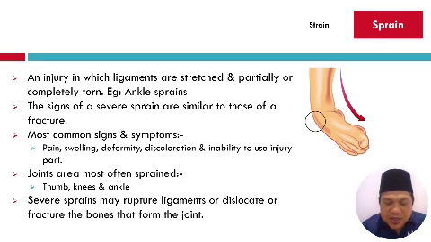Later on, I will cover common signs and symptoms completely. The joint areas most often sprained are the thumb, knees, and ankle. Severe sprains may rupture ligaments or dislocate or fracture the bones that form the joint.